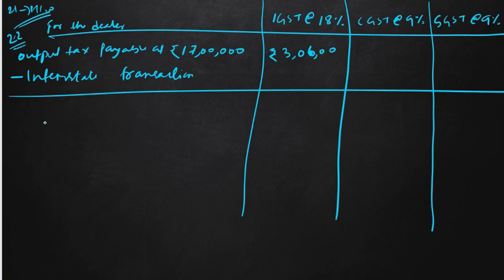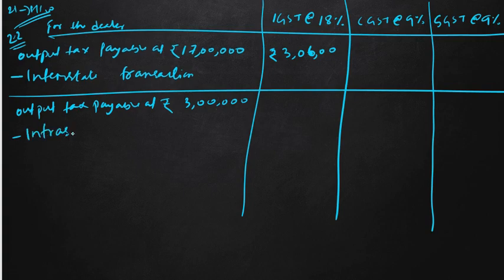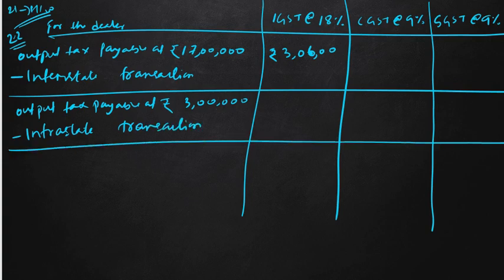Again, in the question you can see that he has done another transaction worth rupees 3 lakh within the state. So on that 3 lakh again output tax will be liable. So output tax payable at rupees 3 lakh. And this is within the state, that means intra-state.